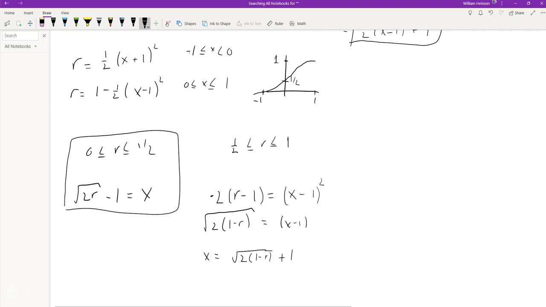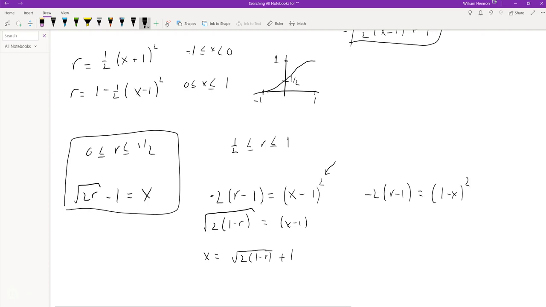This is what's going on. You have an exponent of 2. So if the one solution doesn't work, do the other solution. There's 2 solutions. So you could just put a negative 1 in here and do that. So instead of negative 1, we could do minus 2r minus 1 equals 1 minus x.